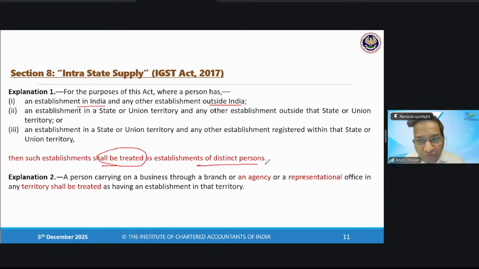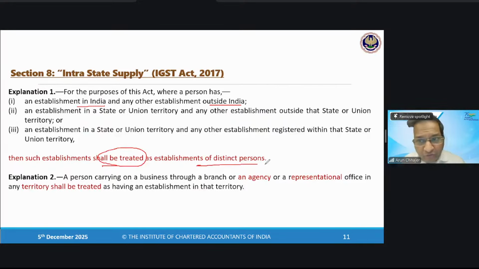What it means is, if a person is carrying on business and has formed these 3 forms, remember these 3 forms: branch, agency, and the representational office, in any territory, shall be treated as an establishment in that territory. So if you have an establishment in one territory and another establishment outside that territory, they will be treated as establishments of a distinct person.